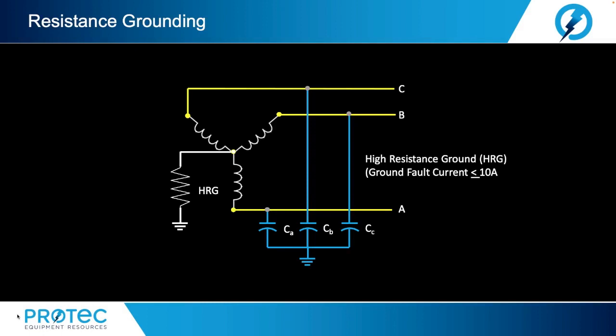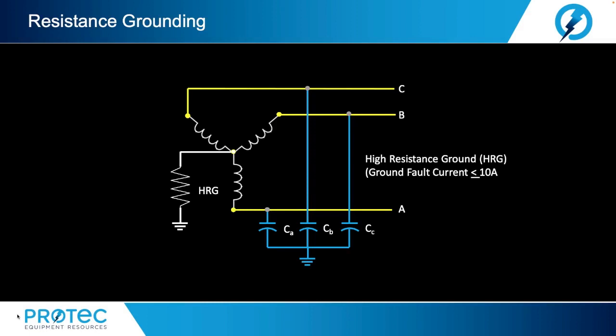This means the grounding resistance should allow a ground return current with a magnitude over the magnitude of the charging current. This is to make sure that the ground return current will flow through the resistor and not charge the distributed capacitances, thus causing transient overvoltages, possible restrikes, and potential phase-to-phase faults.